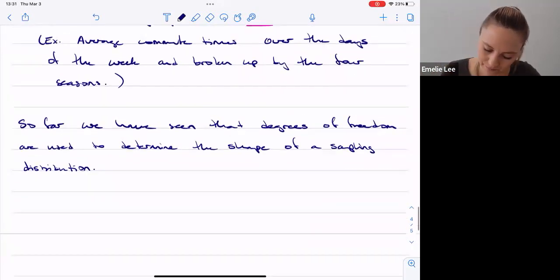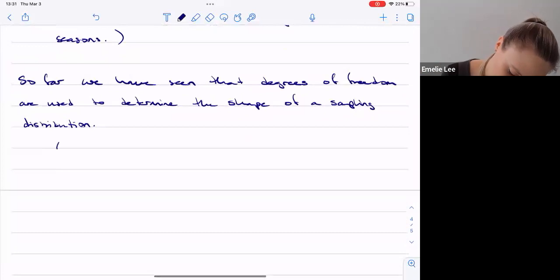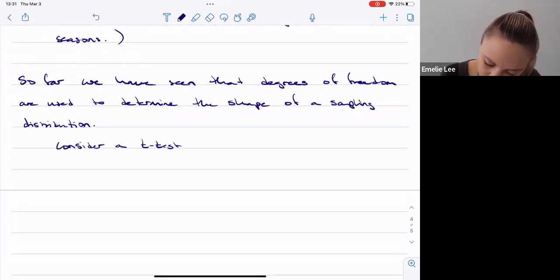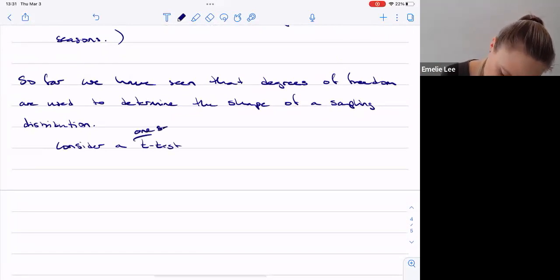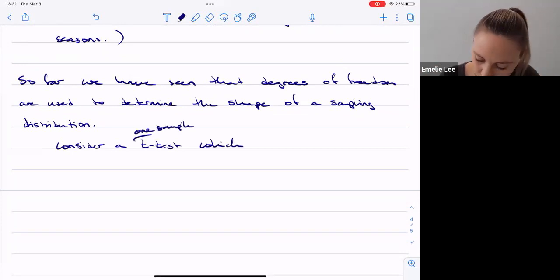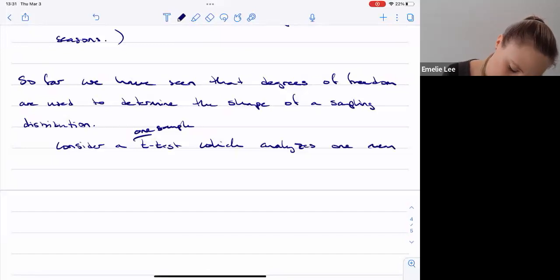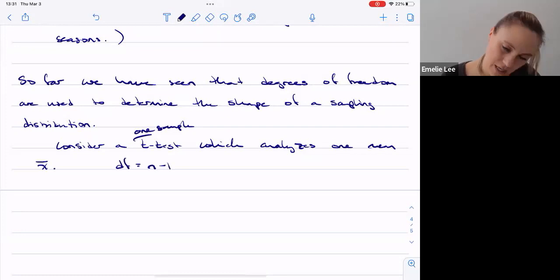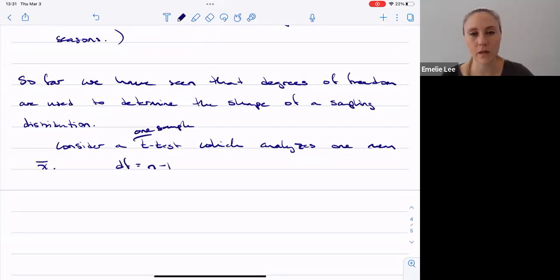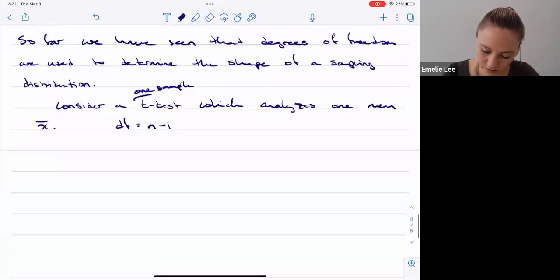So consider a one sample t-test, which analyzes one mean, x bar, right? Then we know that the degrees of freedom is going to be n-1. Okay, why is that? Well, here we go.